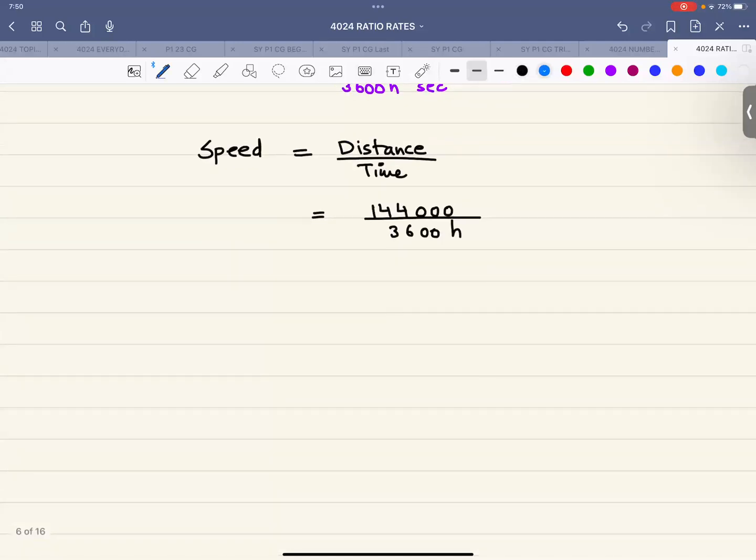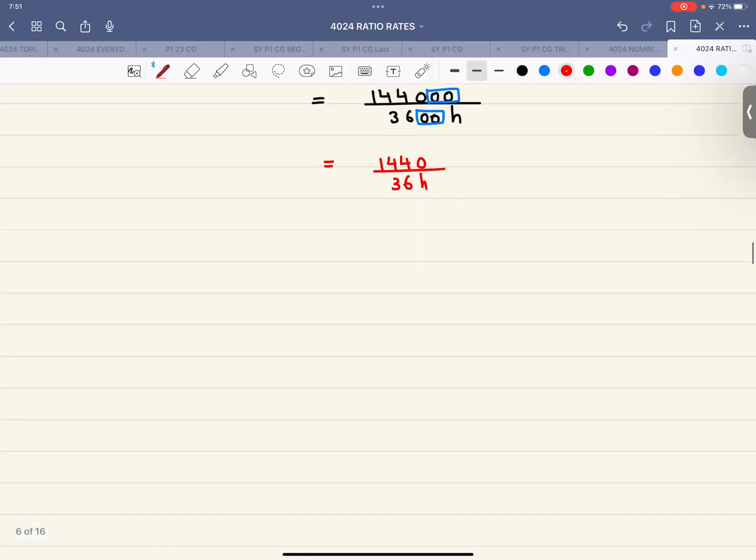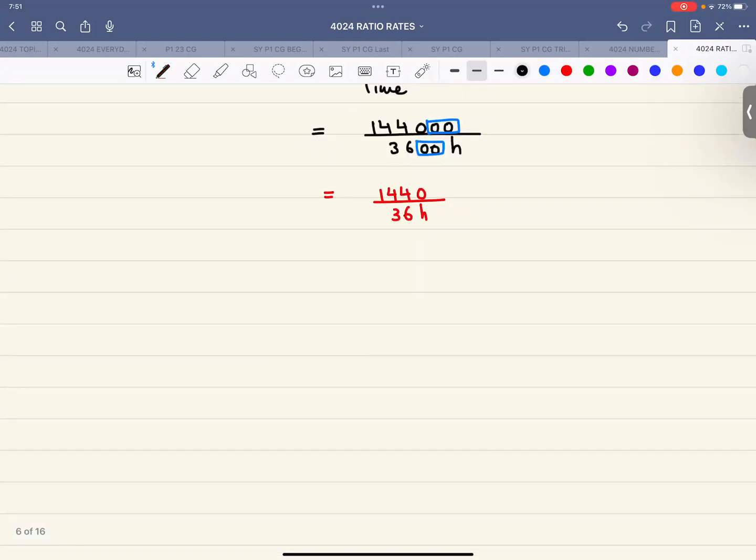Now cancel out the extra zeros, these two zeros cancel out. Now I'm left with 1440 divided by 36H. Can I cancel further? The answer is yes. 144 is basically 72 into 2. That is 36 into 2 into 2.